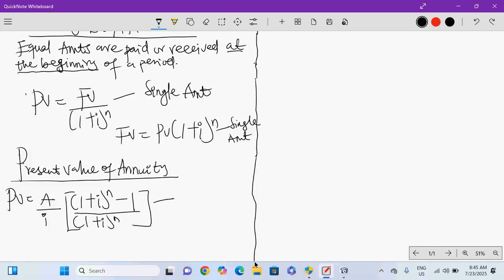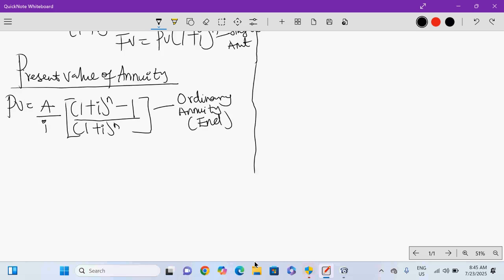This is the ordinary annuity, or annuity at the end. Remember, it's at the end. That is the ordinary annuity.